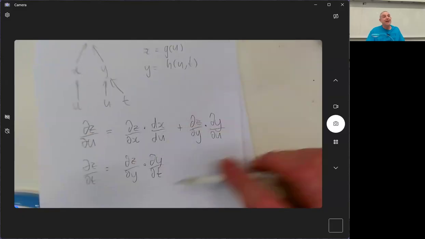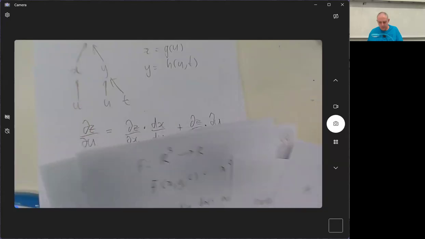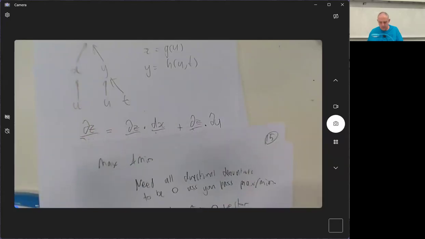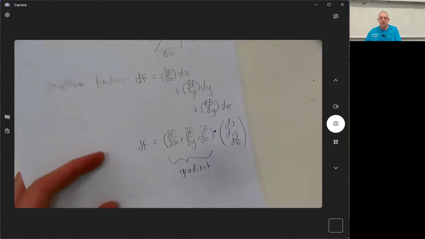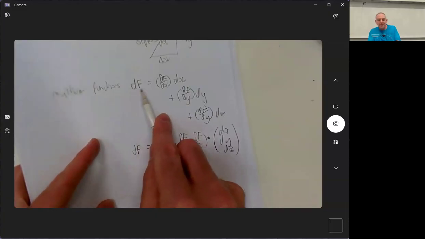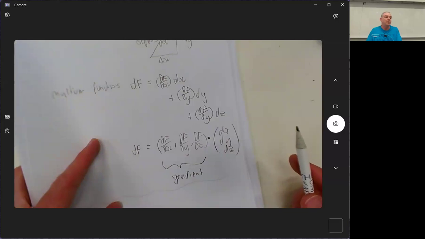And this is in fact the same as how the gradient vector works, because you can imagine way back here. Where did I put it? Not that one. If you put a d on dt for all of these, that's just the same as the multivariable chain rule.